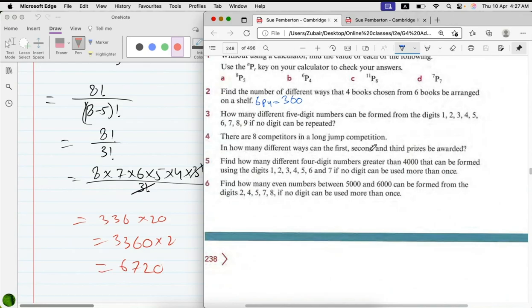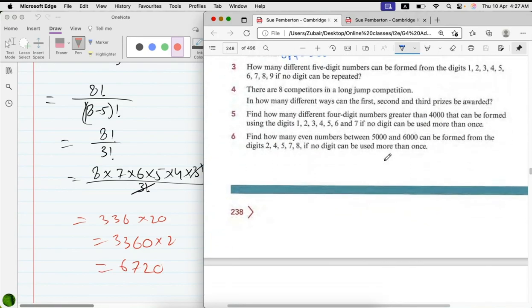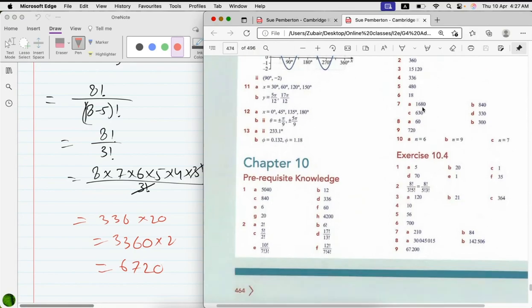Try question number 3. 15,120 is correct.